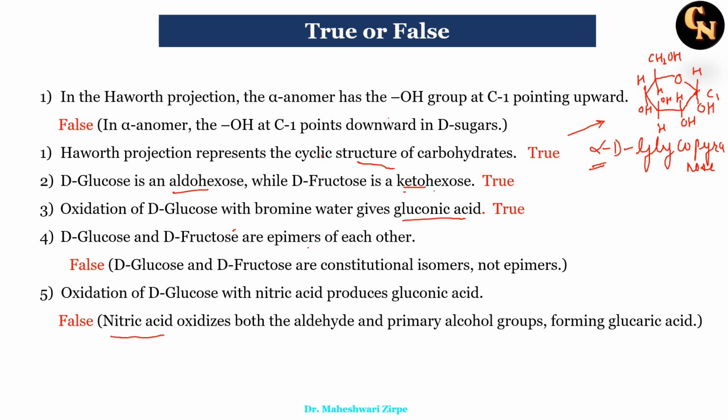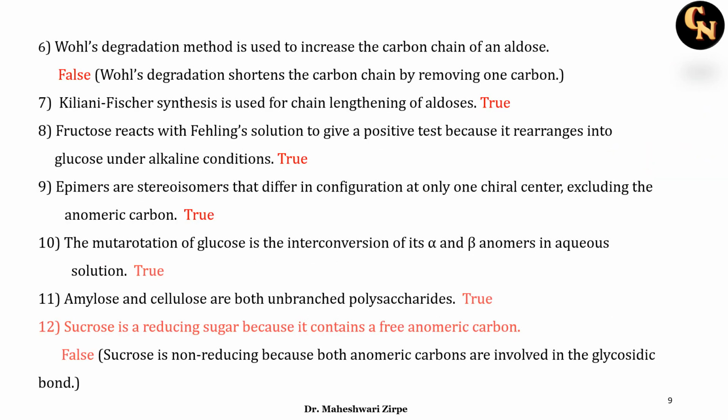So here basically you can see the statement is given here, the true statement. Nitric acid oxidizes both aldehyde as well as primary alcohol group on glucose to give you glucaric acid. Okay, so the sixth statement is false. Okay, let us see the next one.